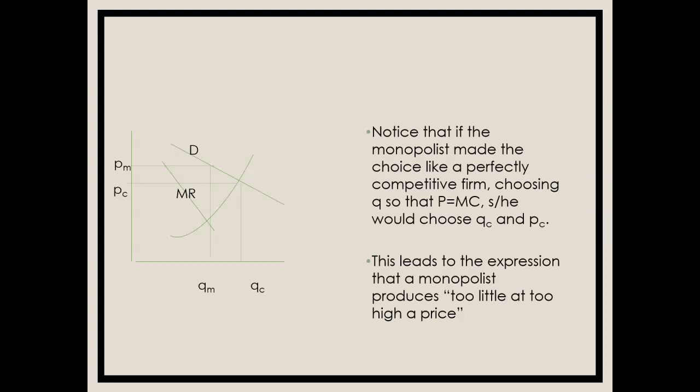This leads to one of the most famous expressions describing monopoly, that a monopolist produces too little at too high a price. So you can already see here that there's a very great difference in the outcome of being a monopolist versus being a competitive firm. As far as society is concerned, this monopolist is producing too little at too high a price in comparison to what a competitive firm would do.